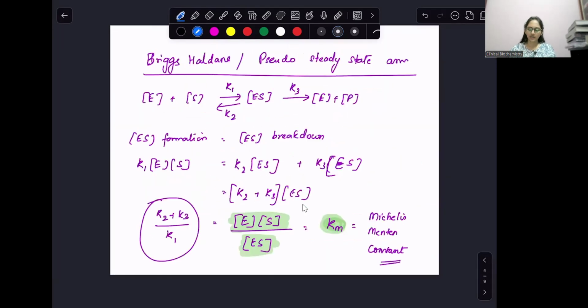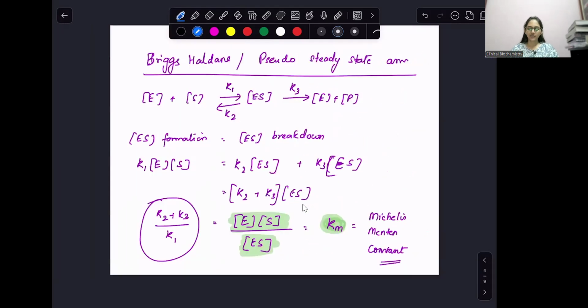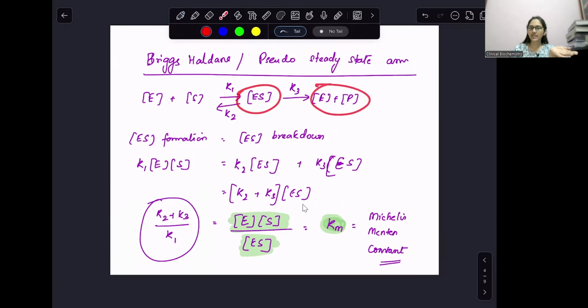Okay, let's just quickly recap what we had learned so far. We start from the pseudo steady state hypothesis. We know there is this enzyme substrate complex which is formed. We are assuming that this enzyme substrate complex concentration is constant throughout my reaction. Forward reaction rate constant is K1. Reverse reaction rate constant is K2. And this complex getting converted to enzyme and product, the rate constant is going to be K3.